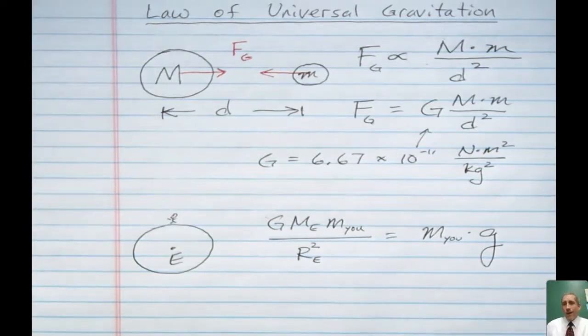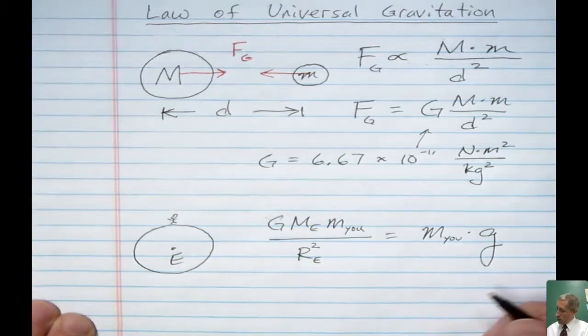Now, students tend to think that little g is a constant, and it's not really a constant. It does depend where in the universe you are. If you're on the surface of the Earth, then it's 9.8 or so. But if you're on other planets or moons or anywhere else in the universe, it's going to depend on where you are in relation to what's causing the gravitational field that you're in.